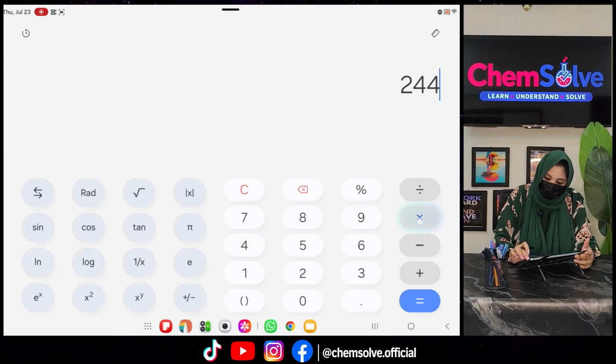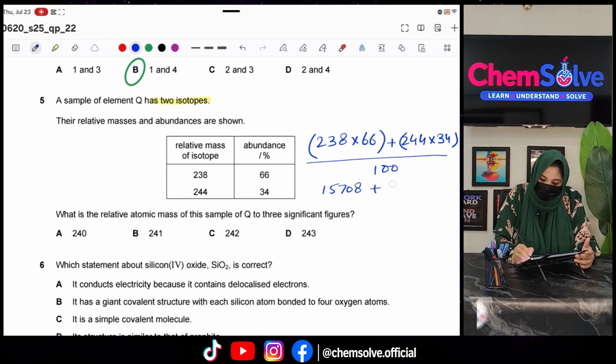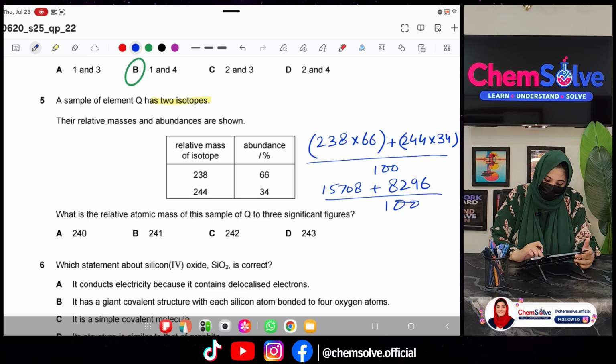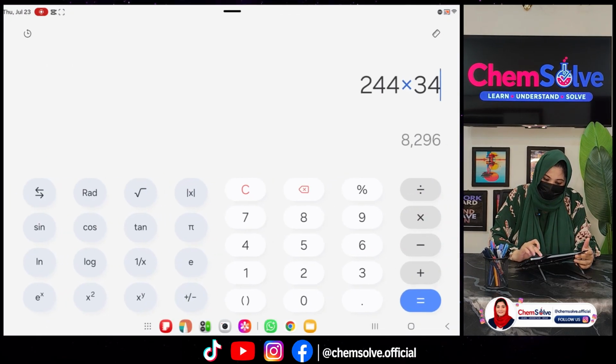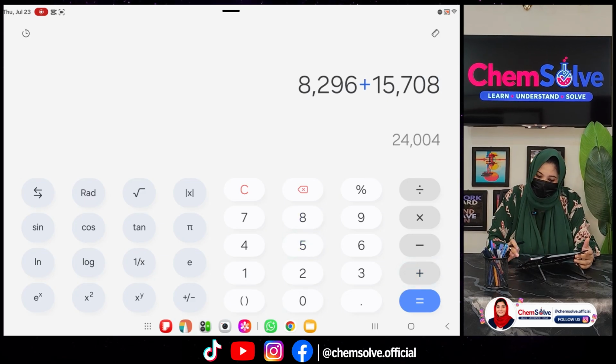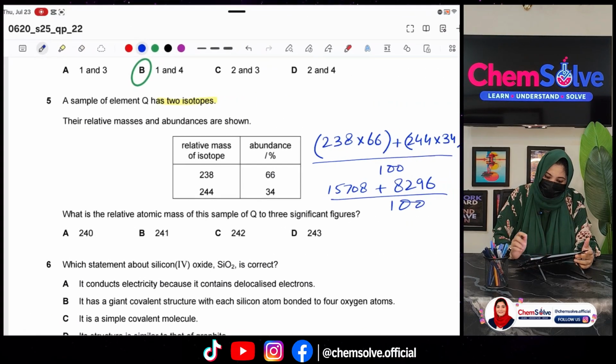So 244 multiplied by 34 is 8296. So I will write here 8296 divided by 100. 15708 plus 8296 is 24004.